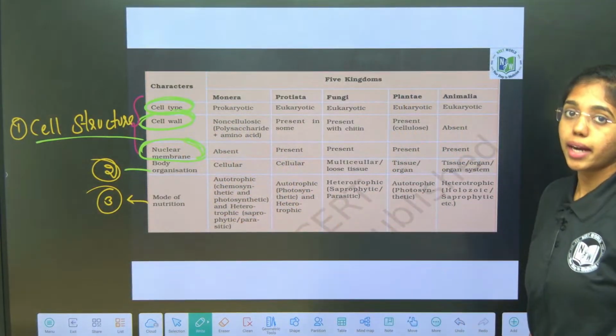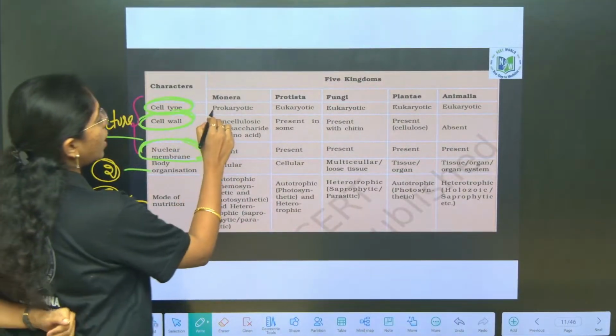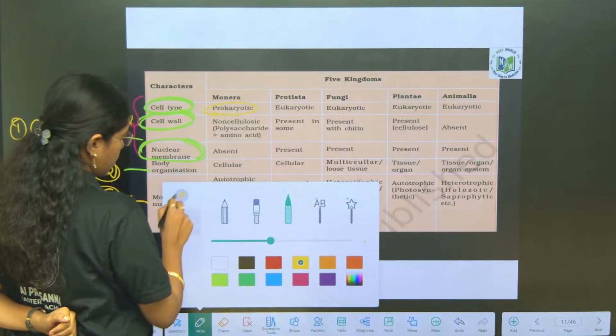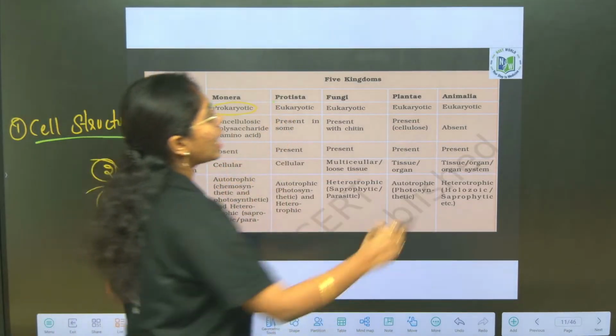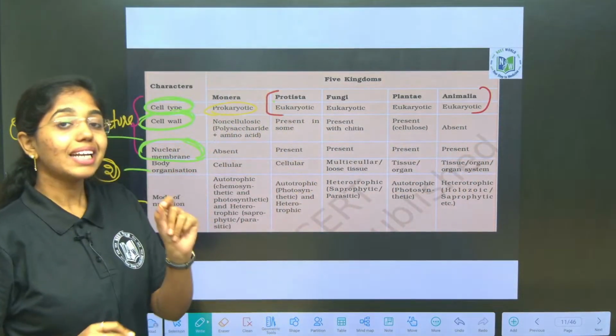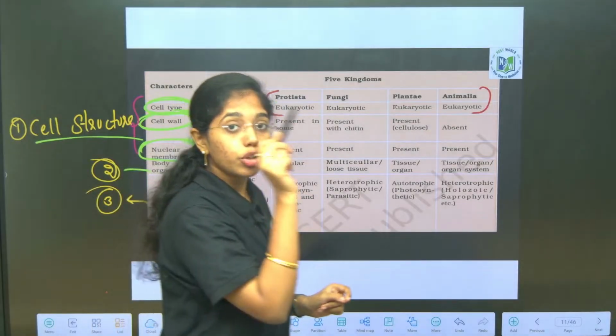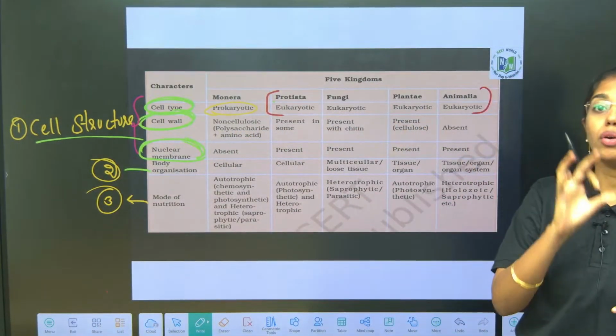Clear? Here you see, in Monera the cell type is prokaryotic, and from Protista to Animalia the cell type is completely eukaryotic. Eukaryotic means the nucleus is clearly enclosed by a nuclear envelope.